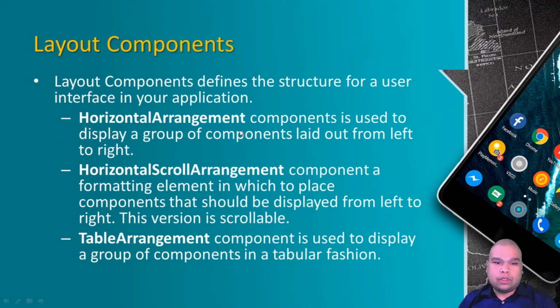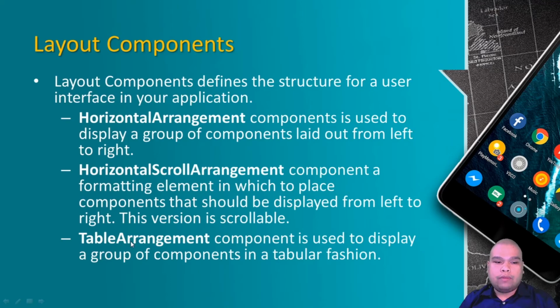Horizontal arrangement is used to display a group of components laid out from left to right. Then we also have your horizontal scroll arrangement, a formatting element which places components that should be displayed from left to right. The only difference between the horizontal arrangement and the horizontal scroll arrangement is that the horizontal scroll arrangement is scrollable.